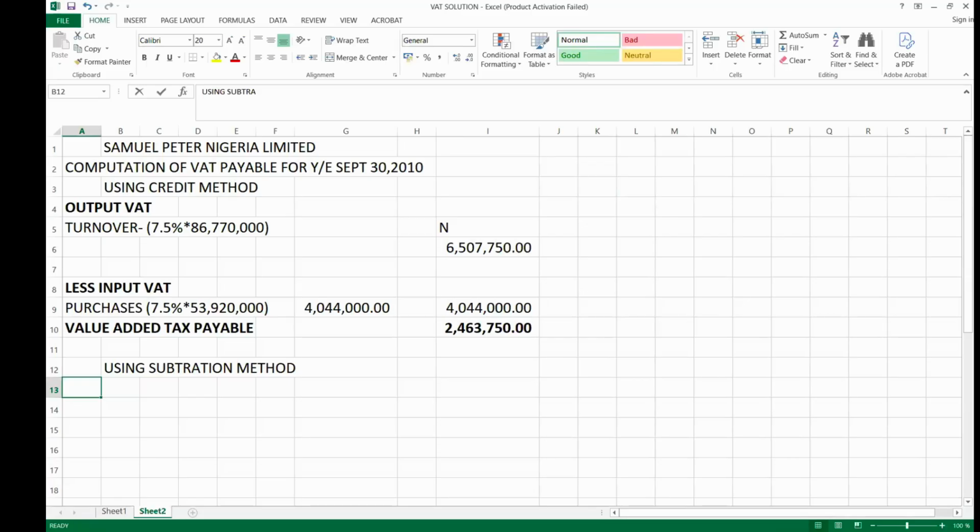Then under the subtraction method, you have to look at the value added generated by the company. How do you get that? By removing the purchases from the sales. In that case, you look at the total turnover, which is 86,770,123, from here.